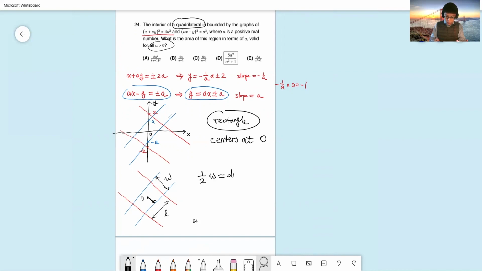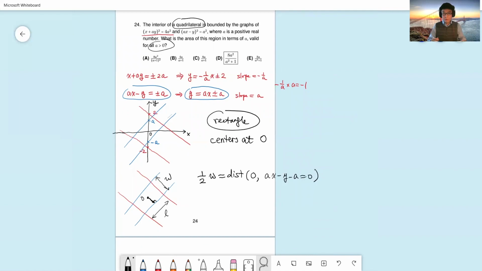This is the distance from the origin to the line with positive slope, ax minus y. So accordingly, we have ax minus y minus a equal to 0.